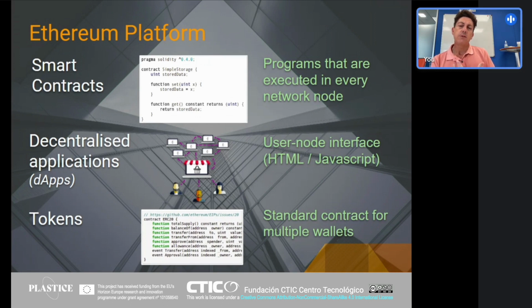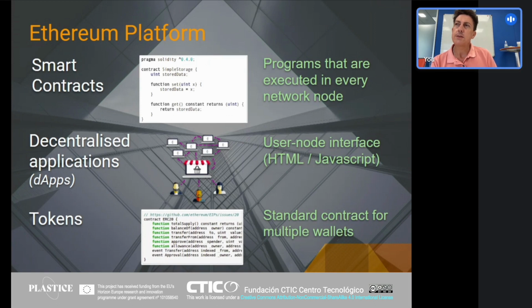What the end user uses, the interfaces, applications. We call it decentralized applications because usually they are run in every node in a decentralized way, not just in a web server or things like that. And they have a user node interface like HTML, JavaScript, like any other web applications.